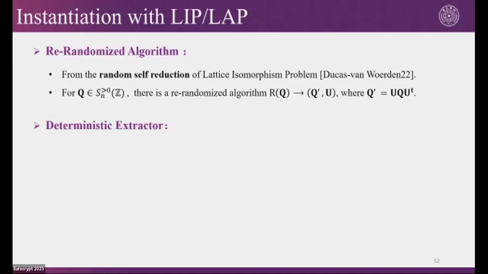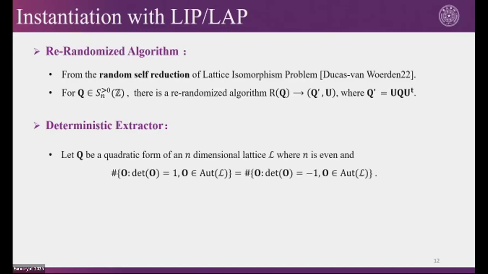And for the deterministic extractor, it's more complex. First, we require Q to be a quadratic form of an n-dimensional lattice, where n is even and the lattice satisfies such a condition. Okay.